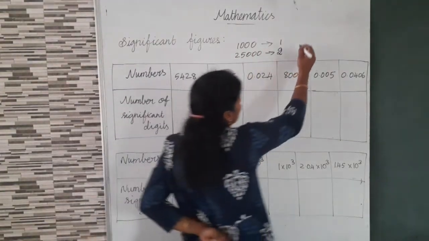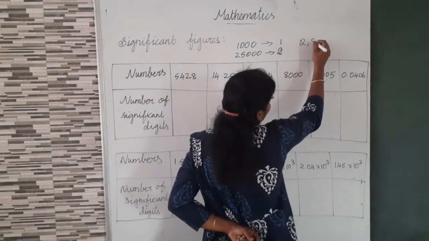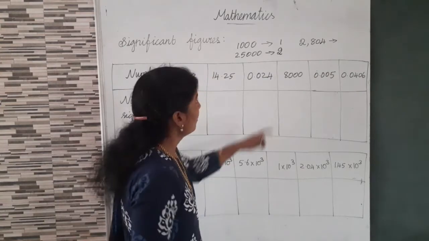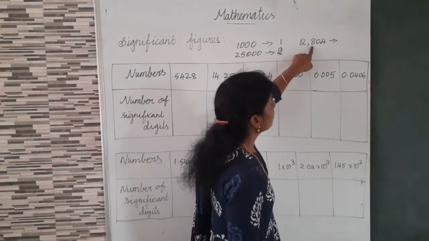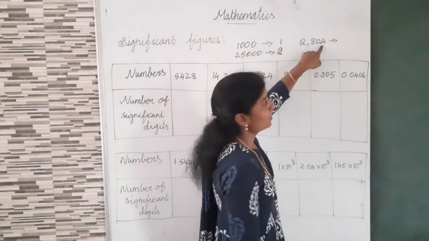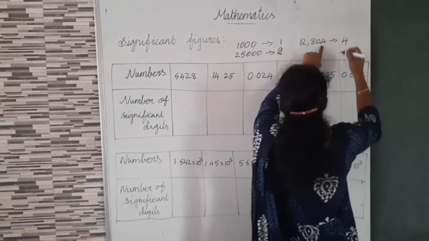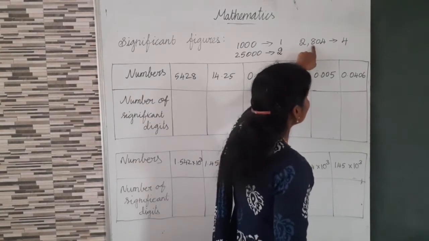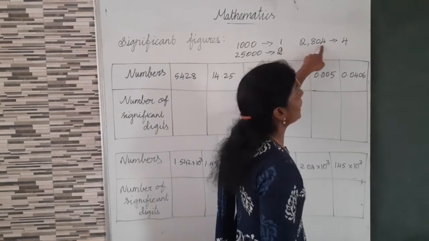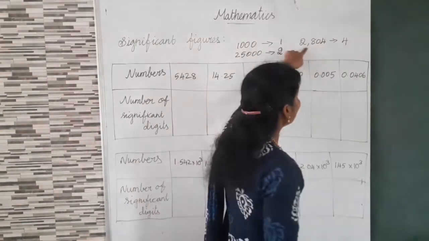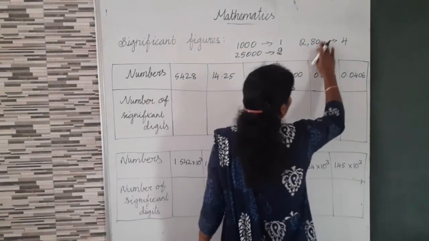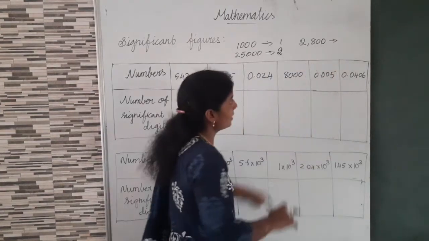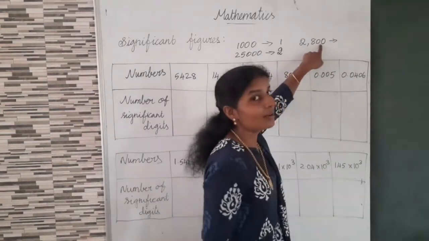Now here 2804. How many significant digits are there? 1, 2, 3, 4. We can count this 0, because after a non-zero digit, and after the 0 again we have a non-zero digit. So we can count it. Suppose in the fourth place there is again 0, then we need not count those zeros. Non-zero digit, after that we have 0 digits.